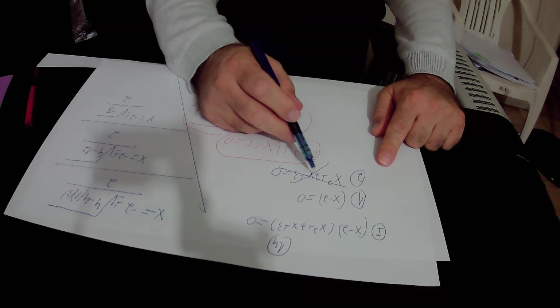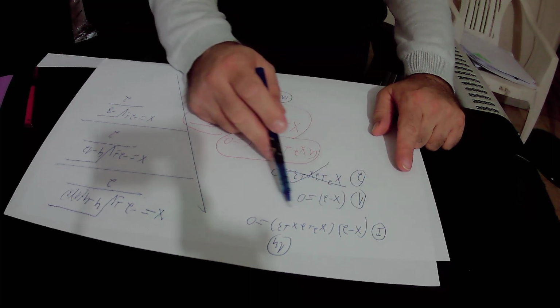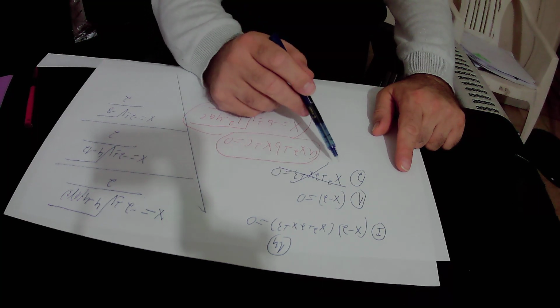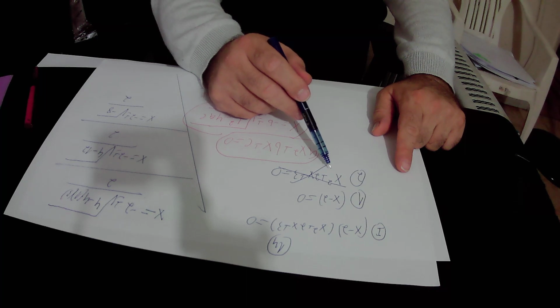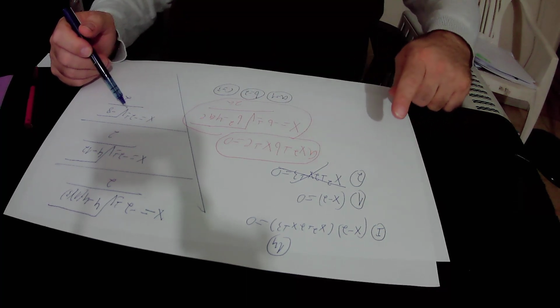We are left only with the solution that x minus 2 equals 0. The only solution to this equation number 1 is that x minus 2 equals 0, because the second option is not correct, as there is no solution for this quadratic equation.